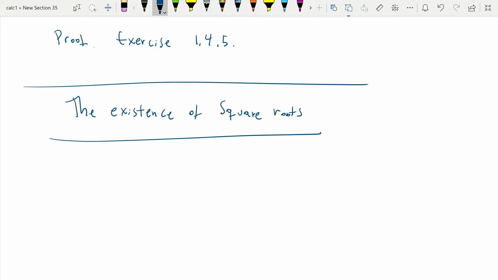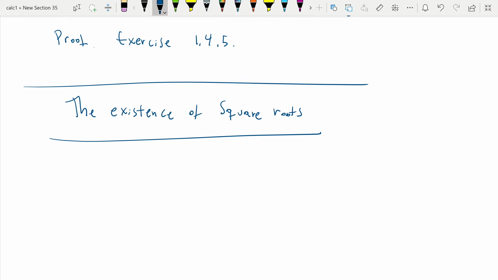Okay, first one comment I wanted to make. We're going to do this for the number 2, so we're going to find the square root of 2, a number whose square is equal to 2. But this can actually be done for any real number. You'll see that there's nothing particular about 2 here.